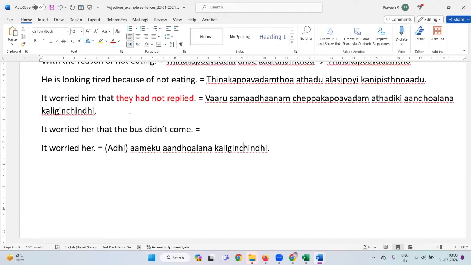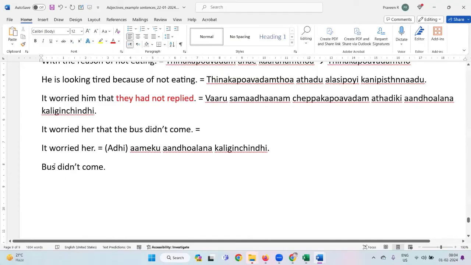Now I will give you the meaning of bus didn't come. That bus didn't come. So here this is the reason, but this one we have to change to this structure.